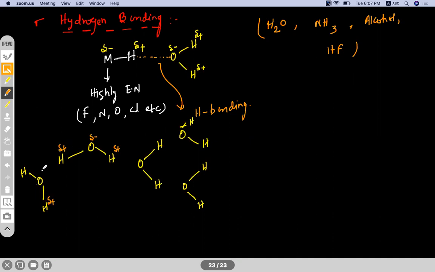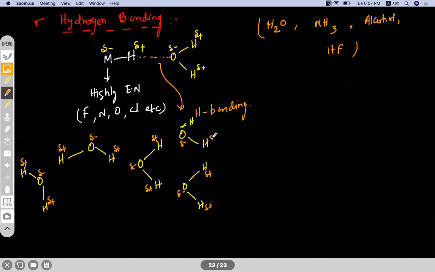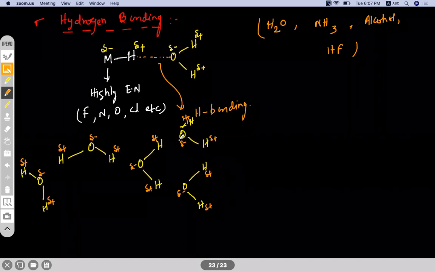Then we have delta negative, delta positive, delta positive, and so on for each molecule. This kind of charge separation is there.